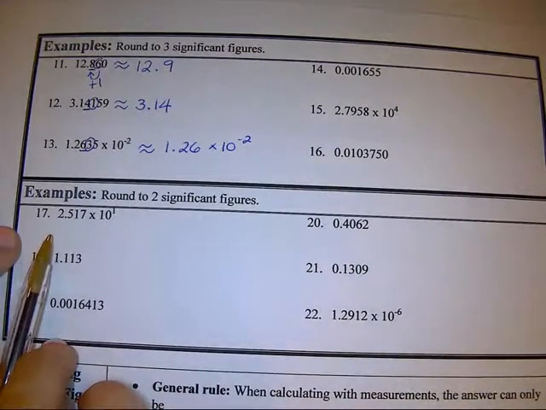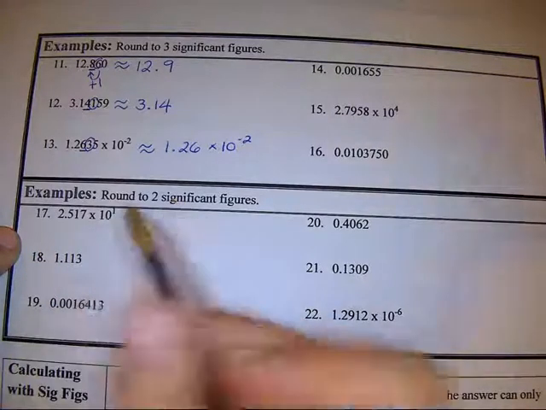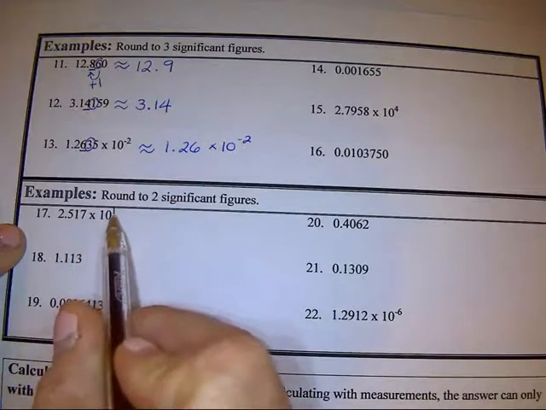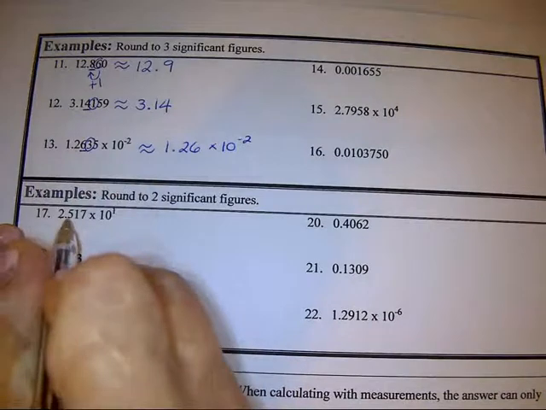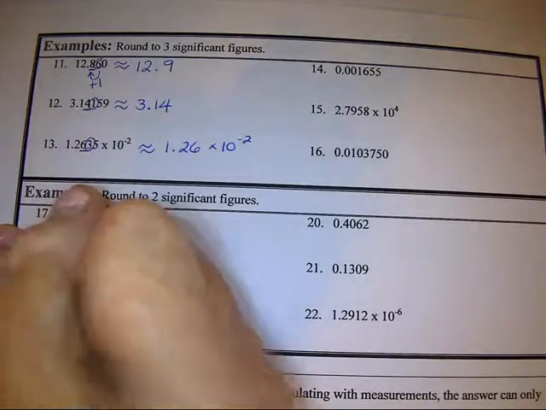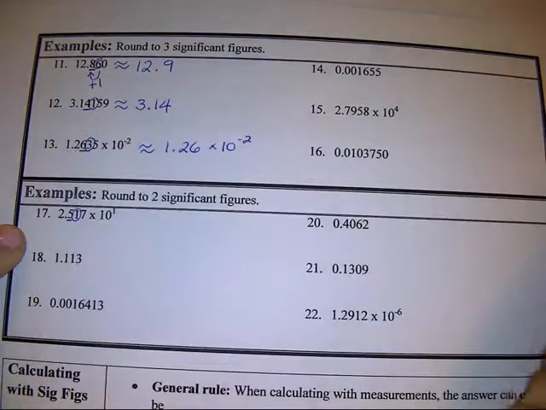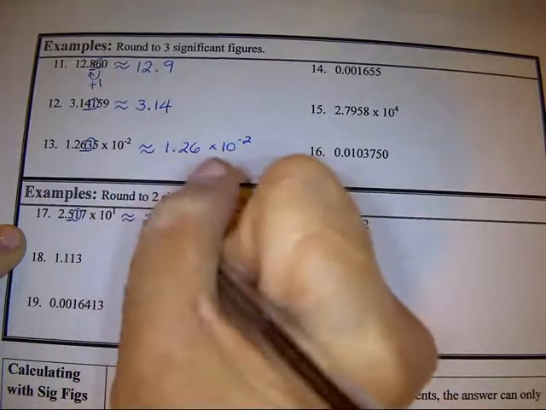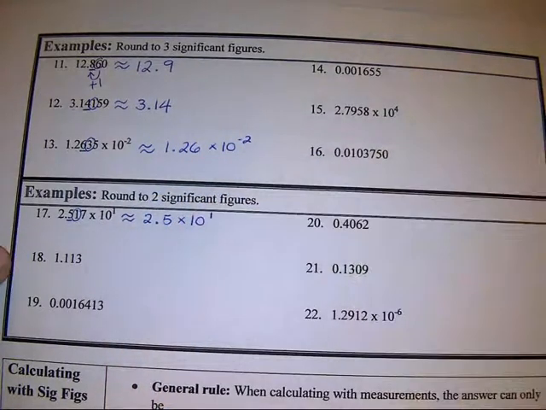Number 17 to 22 asks you to round to 2 sig figs. Look at number 17. 2.517 times 10 to the 1 power. 1, 2. 5 is the last digit I want to keep. 1 tells me to round down, so I am going to round to 2.5 times 10 to the 1 power.